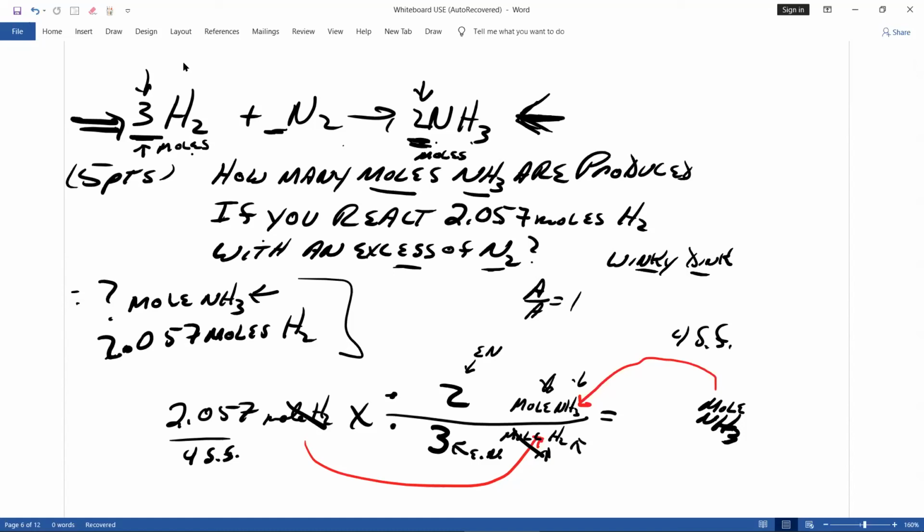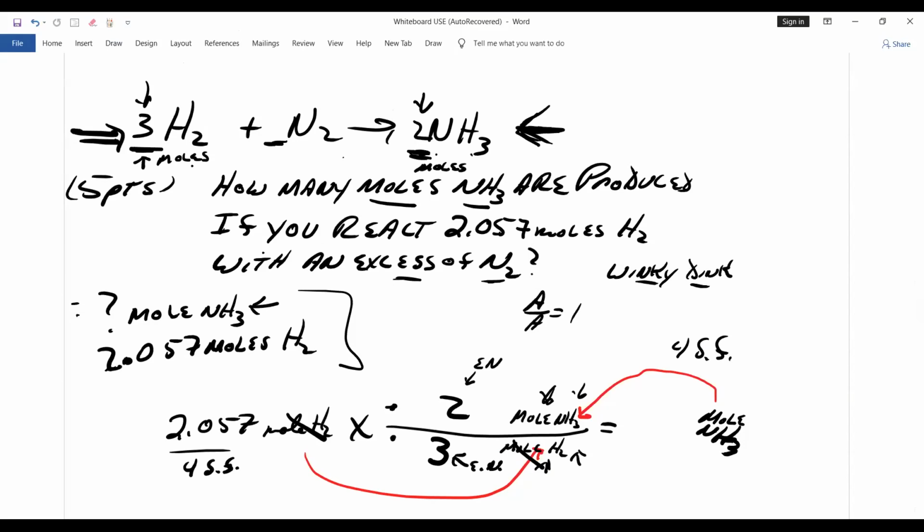And now I can pick up my calculator, clear it. Oh my goodness. The number my calculator gives me is this.